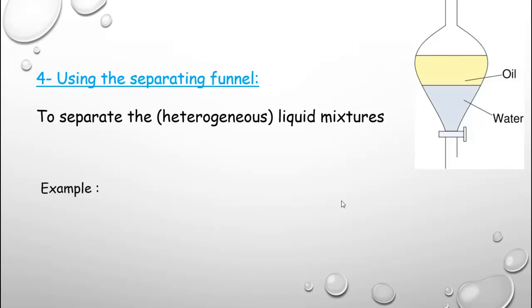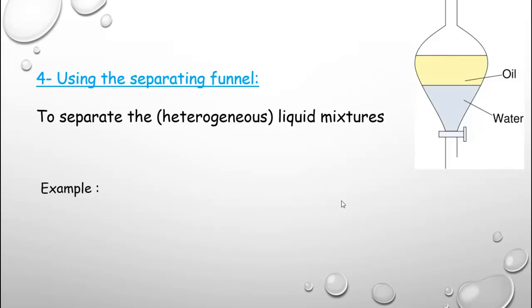Heterogeneous means the liquids can't join, their particles can't join together, like oil and water. If you put oil and water in one bottle and shake or stir them, what will happen? The oil will not join the water. The oil particles will not join with the water particles.